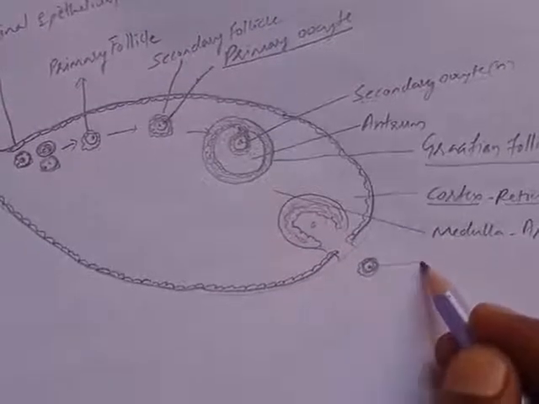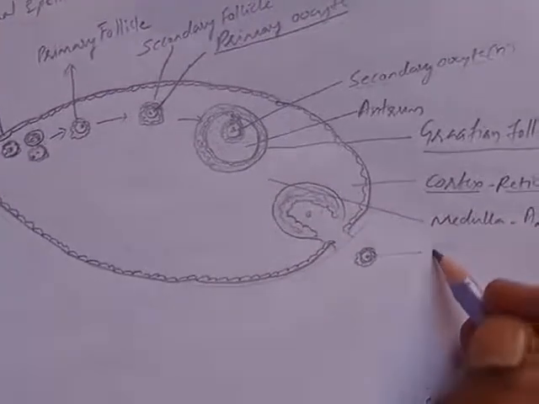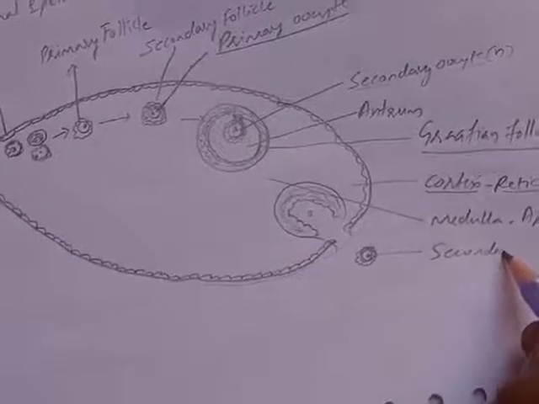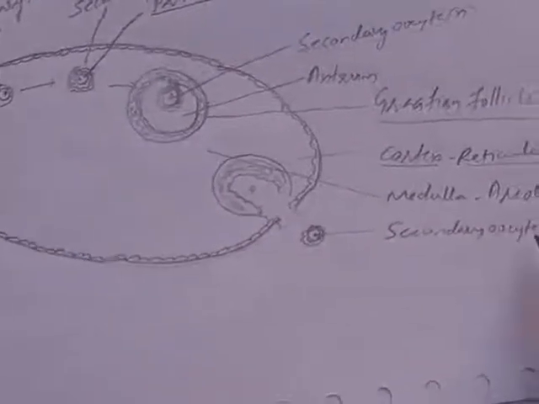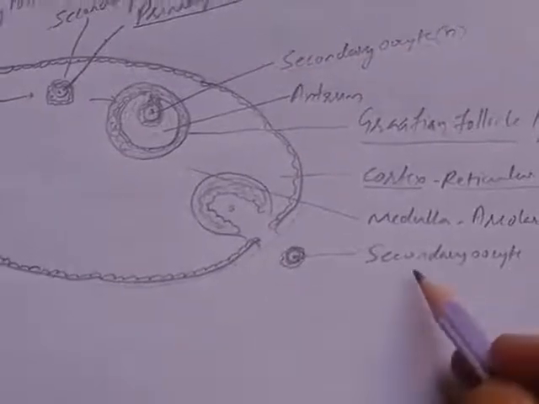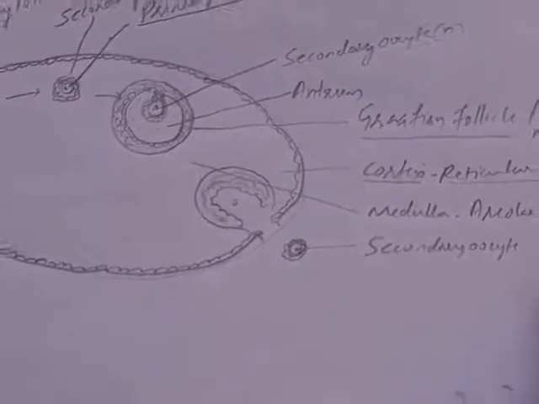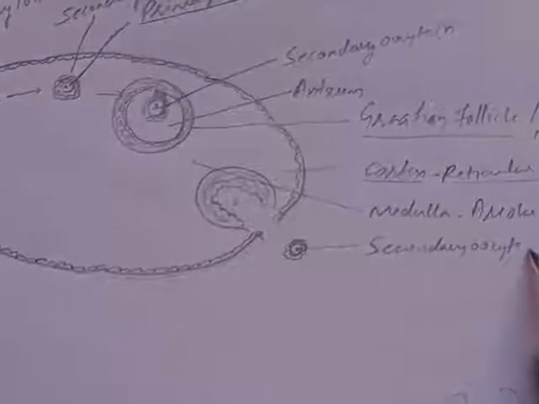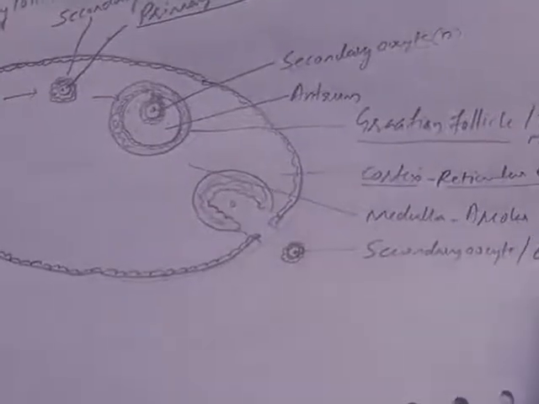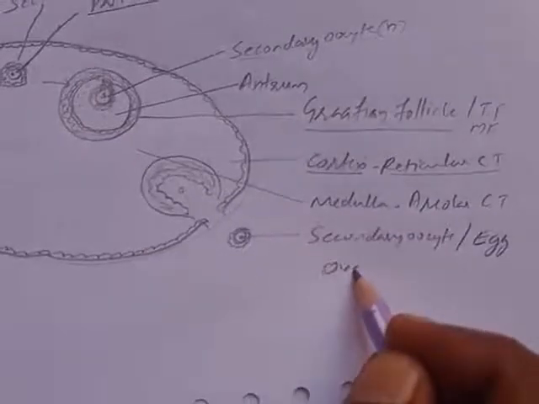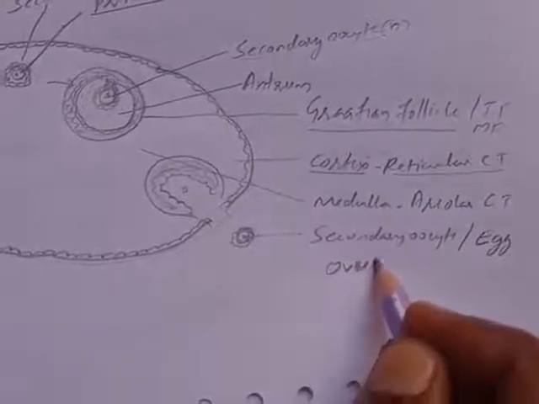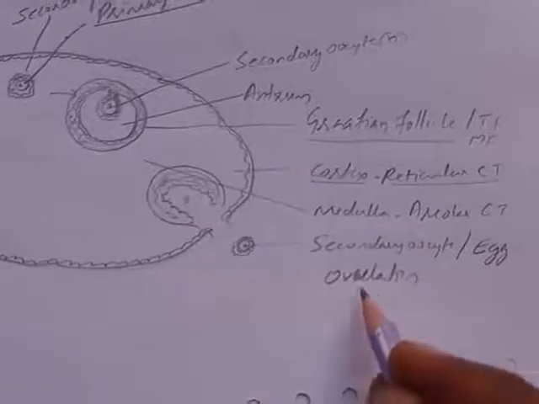We mentioned it as the secondary oocyte. When it was released, actually it is a secondary oocyte. Later on it goes for meiosis 2 and produces the egg cell, but sometimes we refer to it as an egg. The release of the egg is called ovulation.